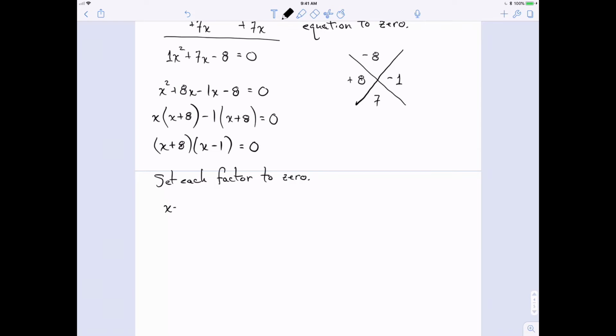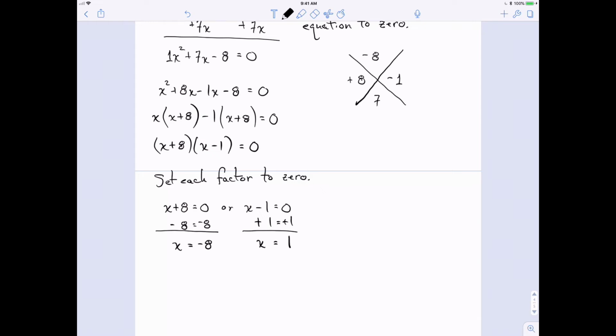So either x plus 8 is 0, or x minus 1 is equal to 0. Subtract 8, and I have x equals negative 8. And if I add 1 to both sides, x equals 1.